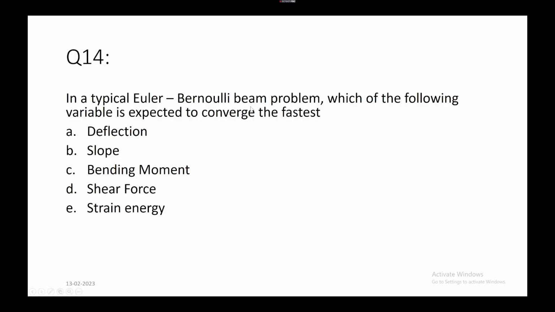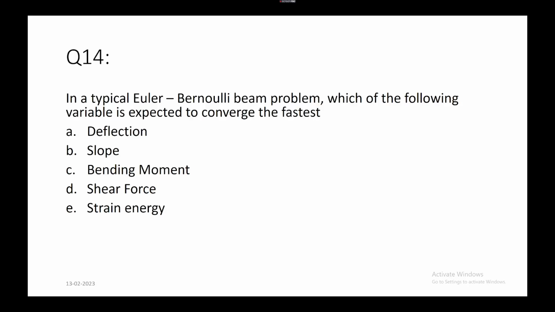In a typical Euler-Bernoulli beam problem, which of the following variables is expected to converge the fastest?